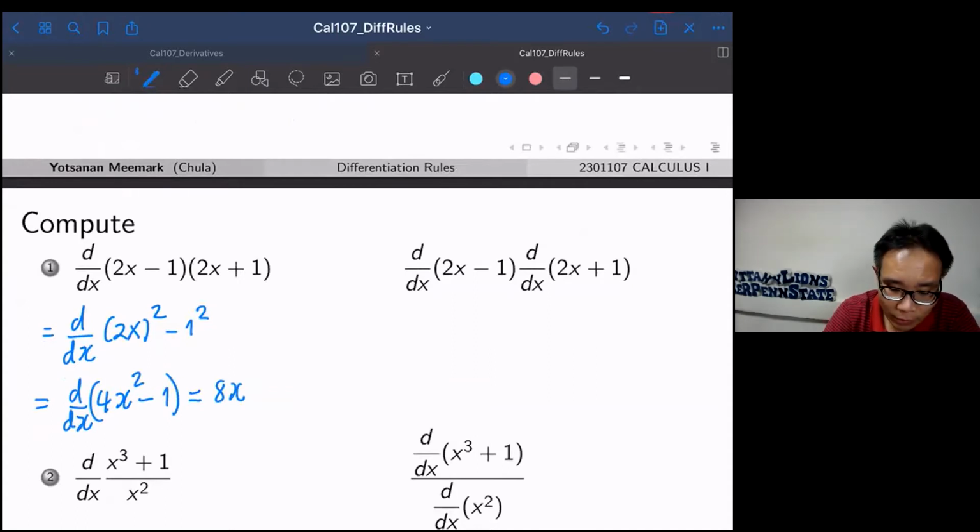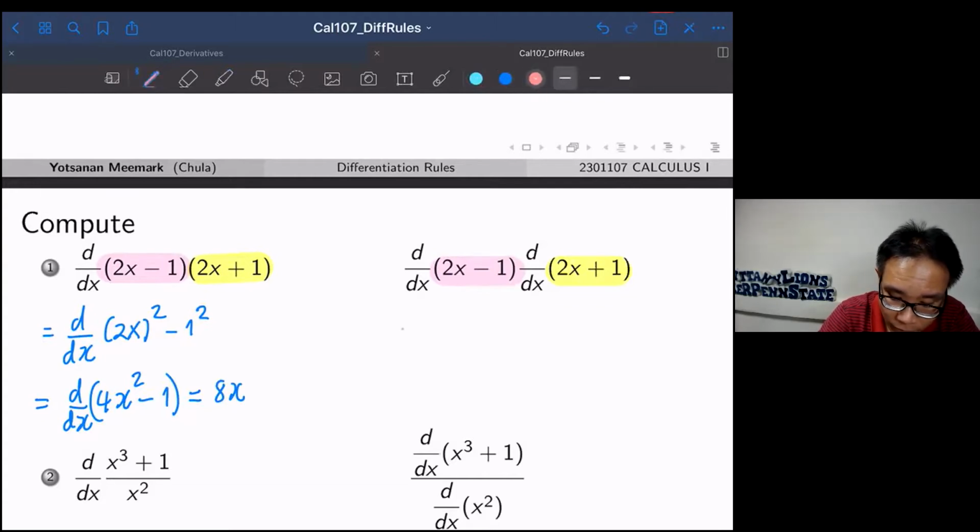So that's the derivative of the product. And the next is the product of each derivative. You're going to see this as the product of the pink function and the yellow function. If you multiply first and then differentiate, you get 8x. However, if you differentiate the pink function and the yellow function separately and then multiply them, what you get will be different.